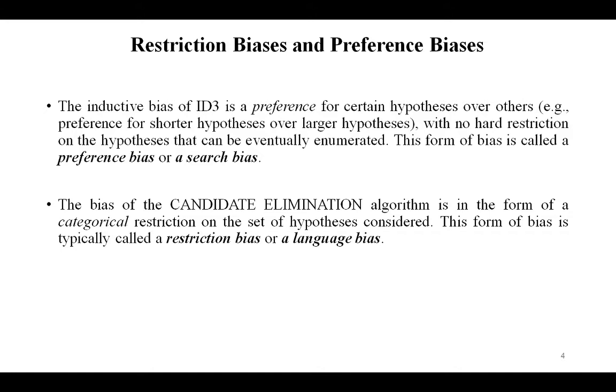In contrast, the bias of the candidate elimination algorithm is in the form of a categorical restriction on the set of hypotheses that are considered. This form of bias is typically known as a restriction bias, or a language bias. This is one more difference between the inductive bias exhibited by ID3 and the candidate elimination algorithm.